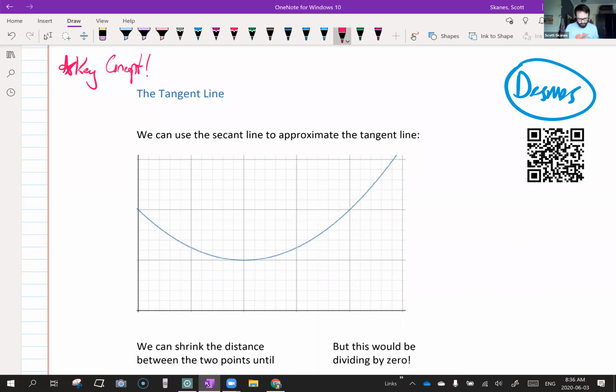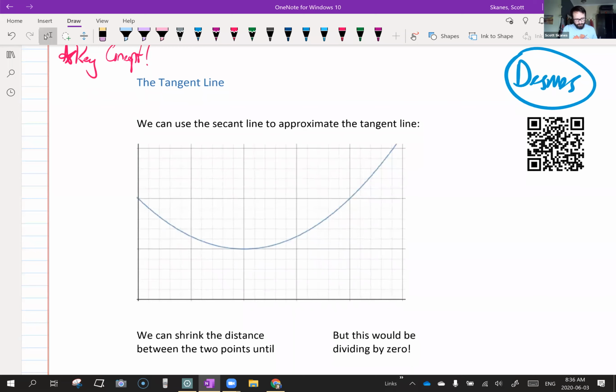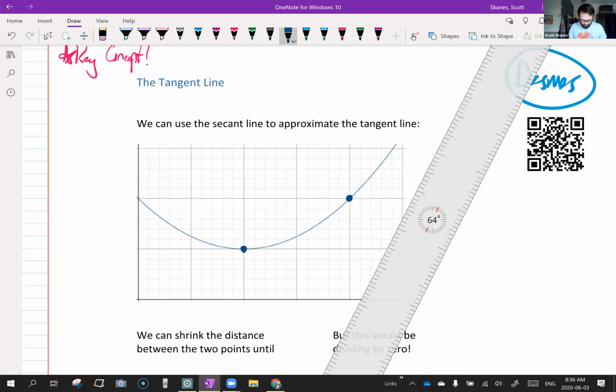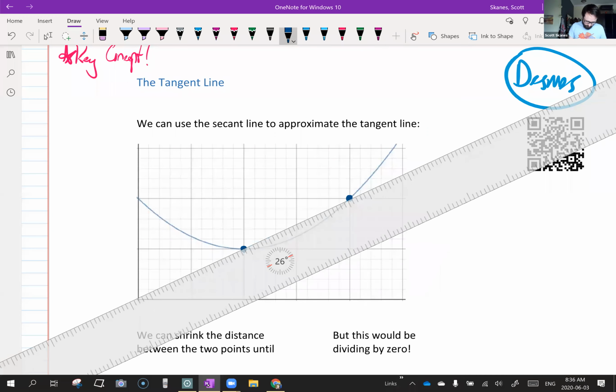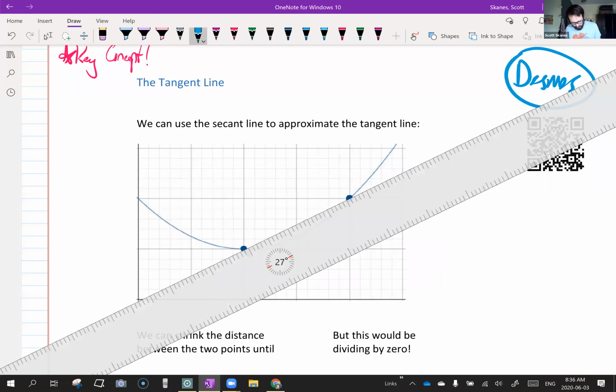Let me step you through it as easily as I can. First things first. Let's say we wanted the slope of this line. Let's just say I wanted the slope of the curve, and so I choose any 2 points here. Okay? We've got 2 points. I want the slope of that line, and so I'm going to draw a line through it. I'm going to do my best guess.